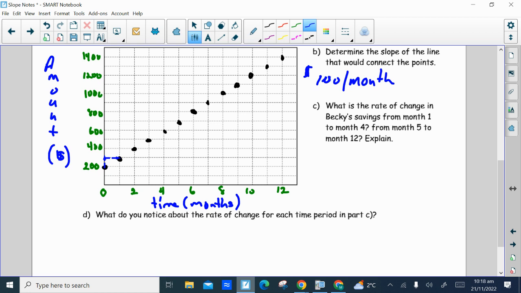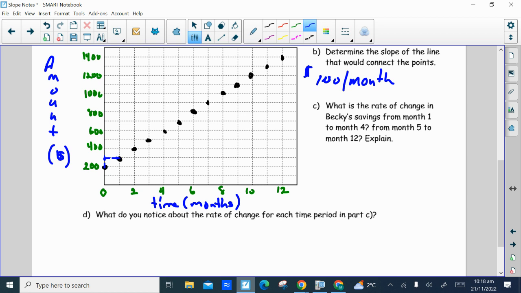And it wouldn't matter whether you're going from month 1 to month 4 or from month 5 to month 12, the slope will be the same. The rate of change never changes. And we know that again because all those points are linear, they line up. If we wanted to draw a line through there, they would all line up.